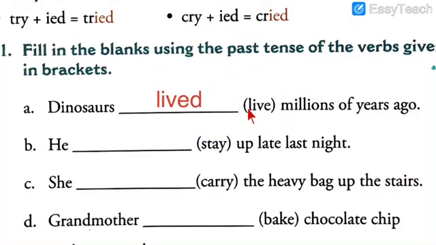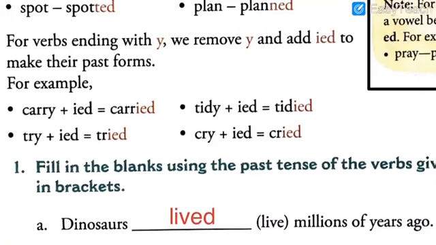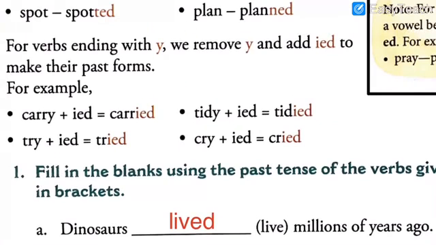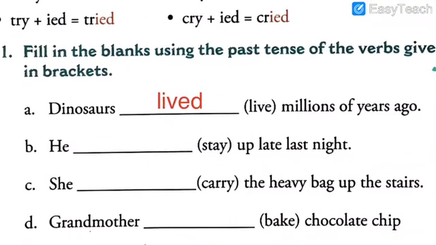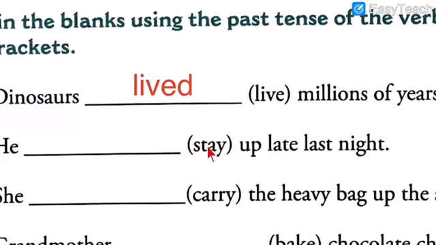So that was the rule we understood. He stayed up late last night. Now this verb is ending with Y. So if any verb is ending with Y, do we add IED compulsorily? No. We have to check whether before the alphabet Y, a vowel is there or a consonant is there.